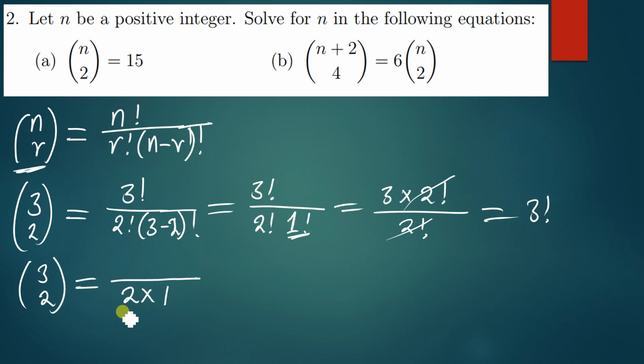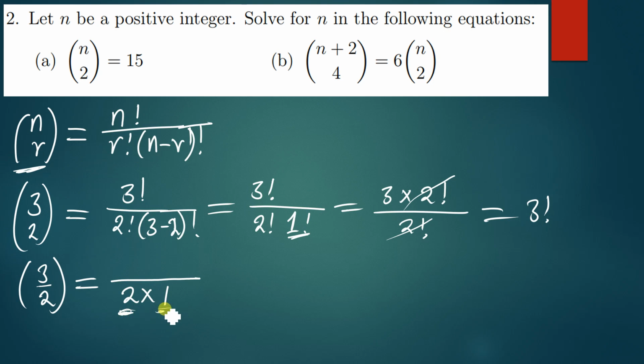If you have 2 numbers down here, we have 2, 1. Sometimes you can have 4, sometimes you can have 5, depending on the number you've been given. Since we have 2 numbers down there, on top we also write 3 factorial, but we have to write exactly the number of numbers that are in the denominator.